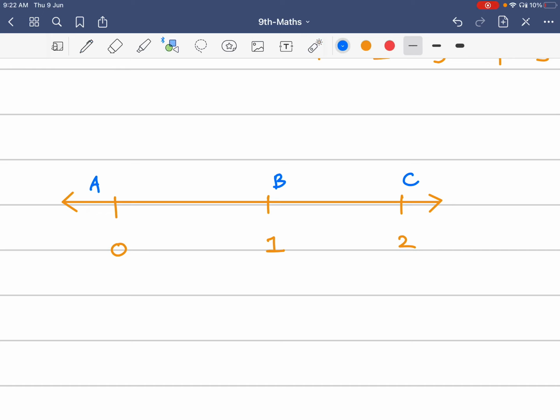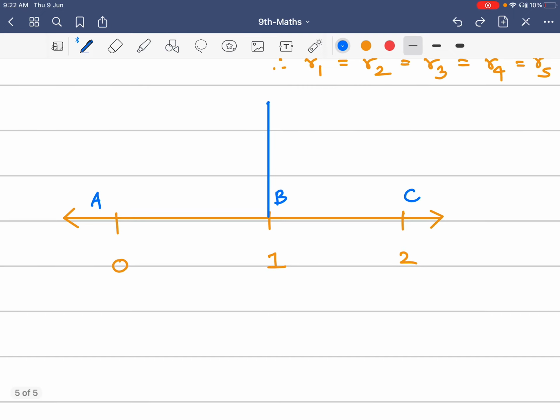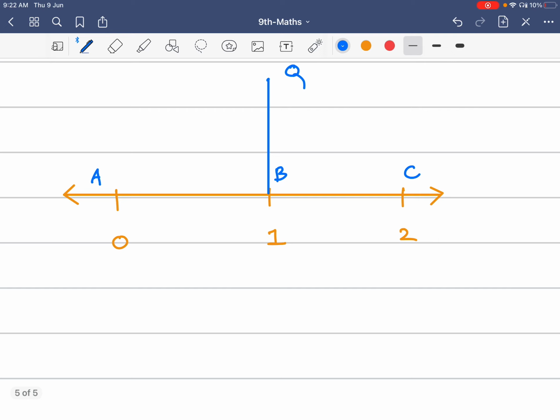So I have here this line, and let's call this point Q. Now we have A, we have B, and we have Q, and this is a right angle triangle.